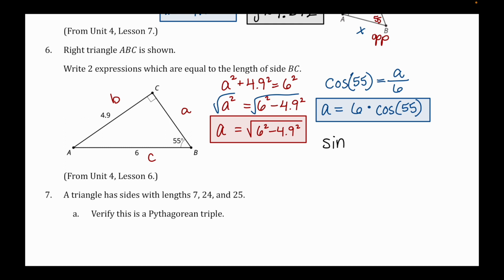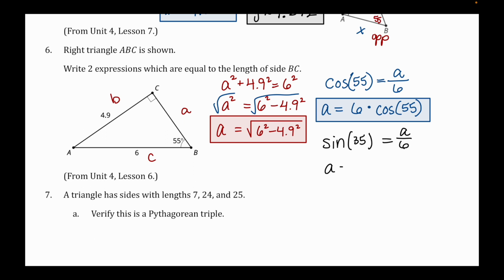So sine, we're going to figure out what our opposite angle is, but that should still give us A over 6. And so 90 minus 55, I believe, gives us 35. So we could say sine of 35 gives us A over 6.